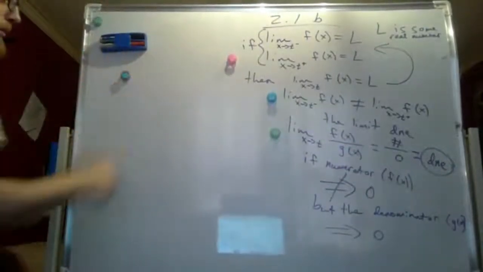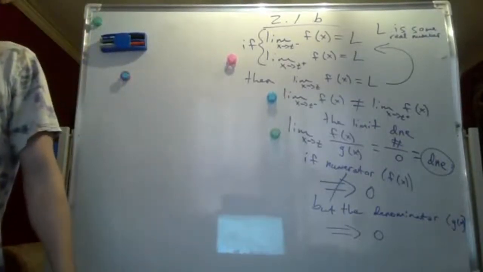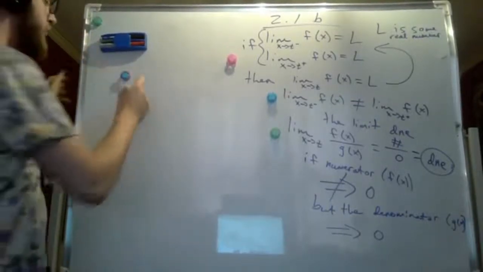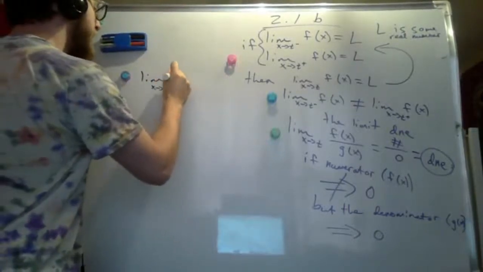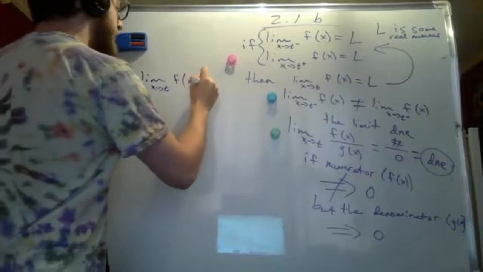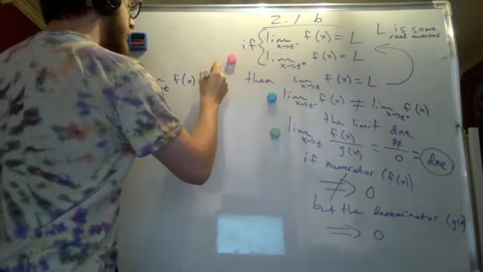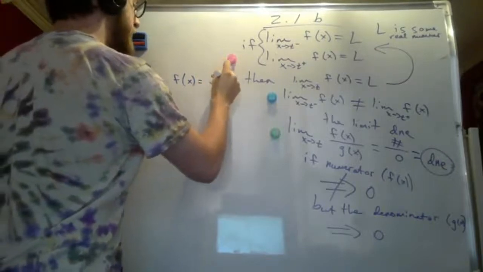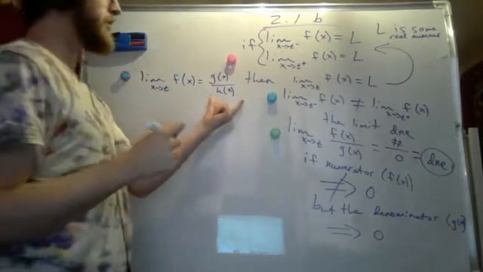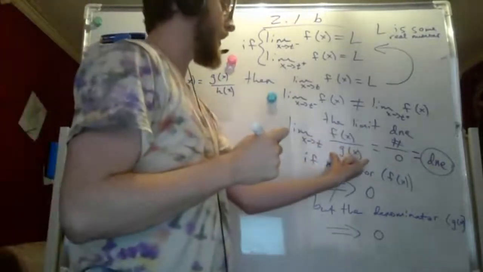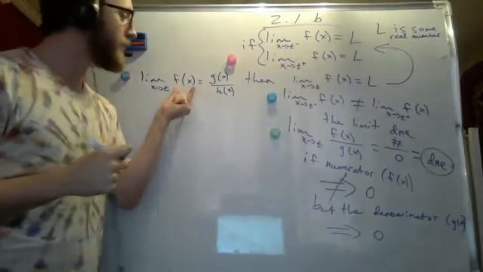Our last vocabulary term deals with if we have a limit as x goes to t of f of x, where f of x is some function that's g of x divided by h of x. So this is like our example of having a fraction for our function.